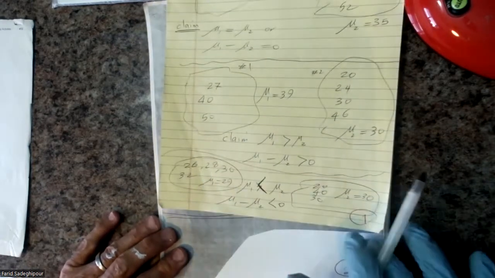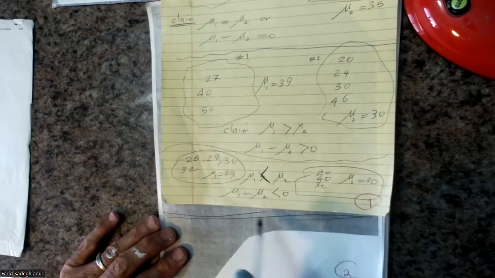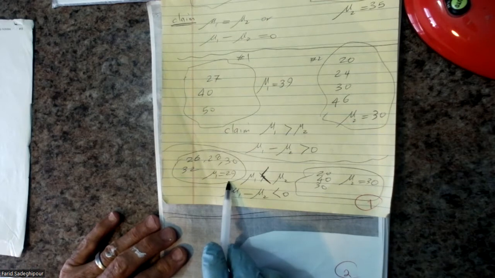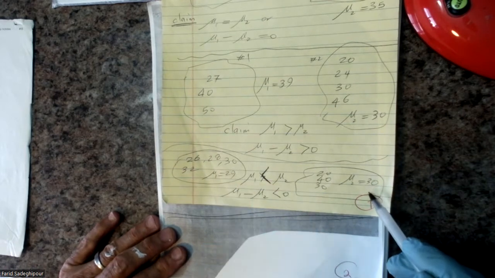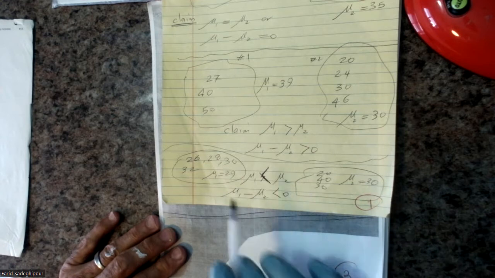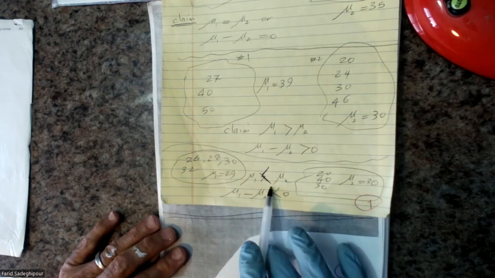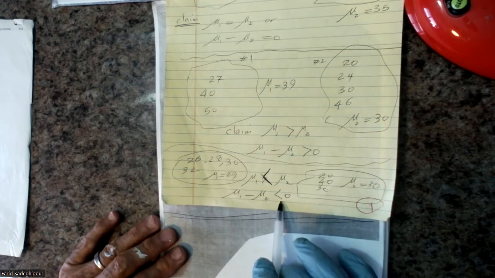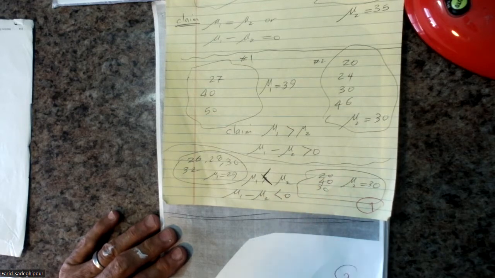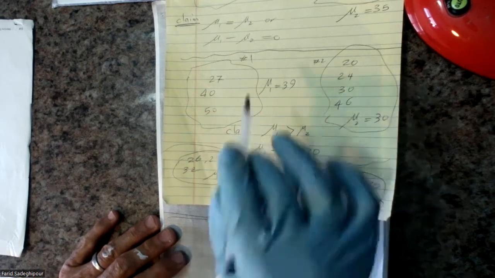The third one: the mean of the first is 29 and the mean of the second is 30. That means mean 1 is less than mean 2, or the difference is less than 0. Again, we discuss equal to 0, not equal to 0, greater than 0, and less than 0. Here, we discuss the difference.